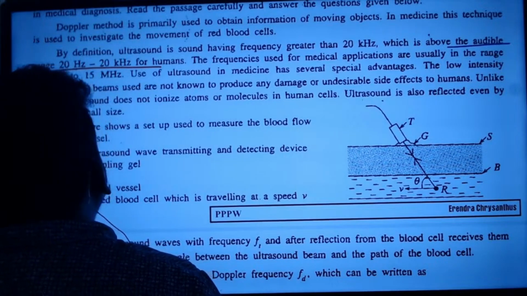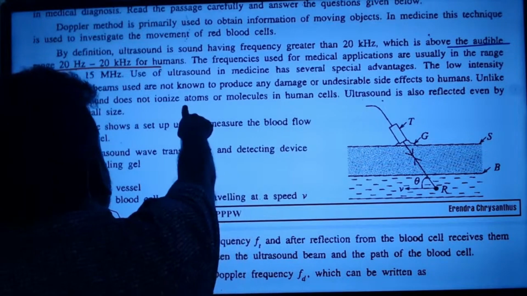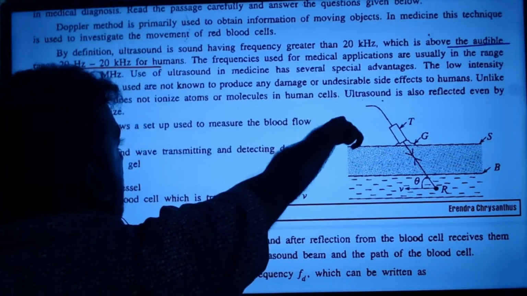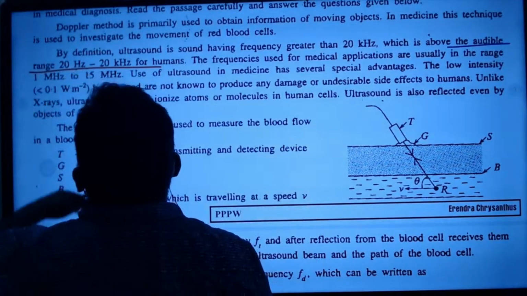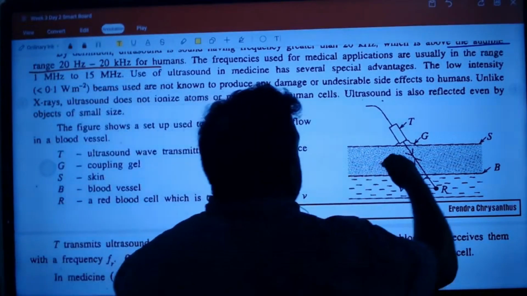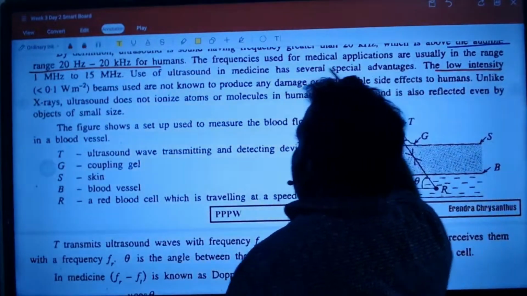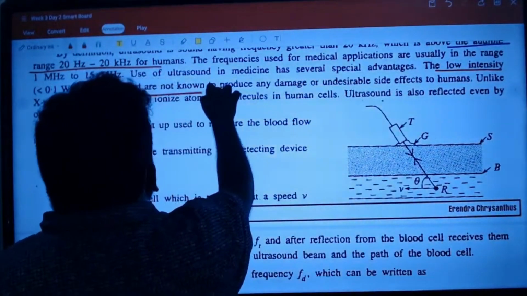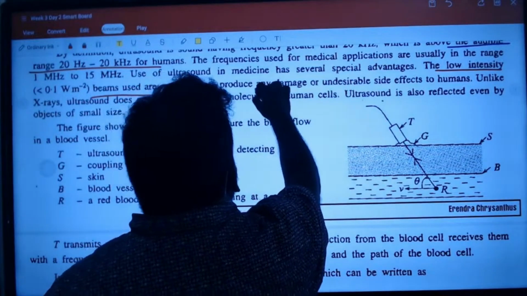Ultrasound does not ionize atoms or molecules. Ultrasound is also reflected by objects of small size. So why are you using it? These are the reasons.